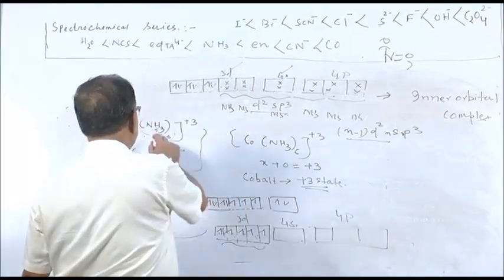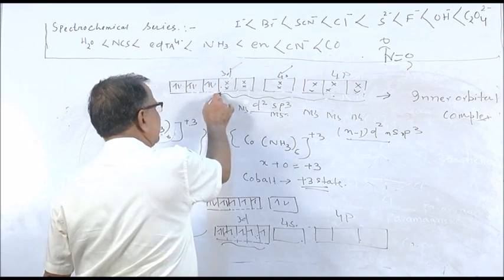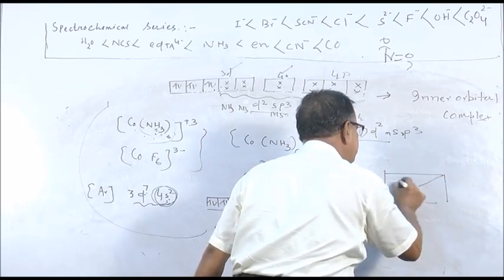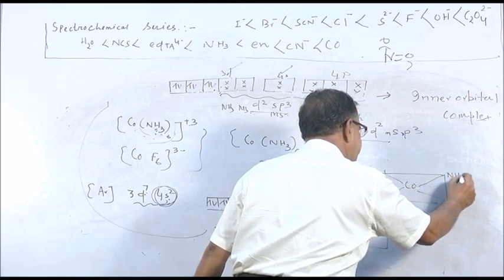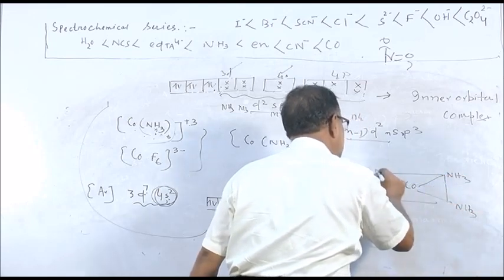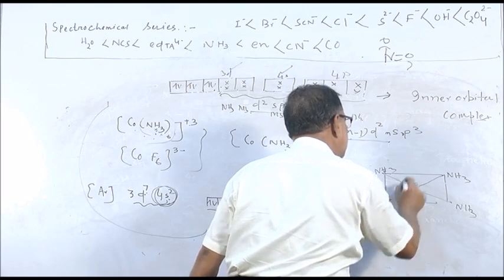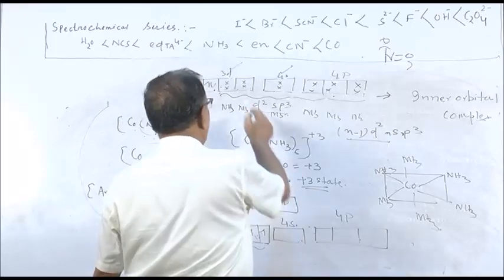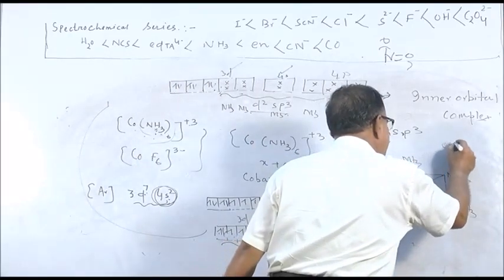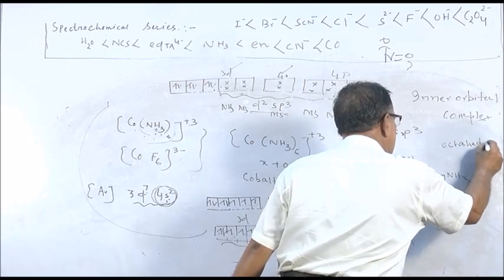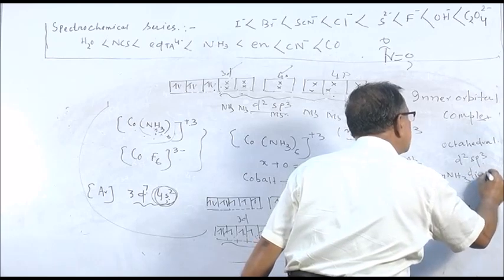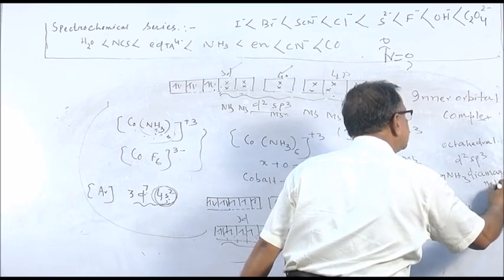Therefore Co(NH3)6 3+ is diamagnetic because there is no unpaired electron, and the structure is octahedral like this, with six NH3. Hybridization is d2sp3. It is diamagnetic.